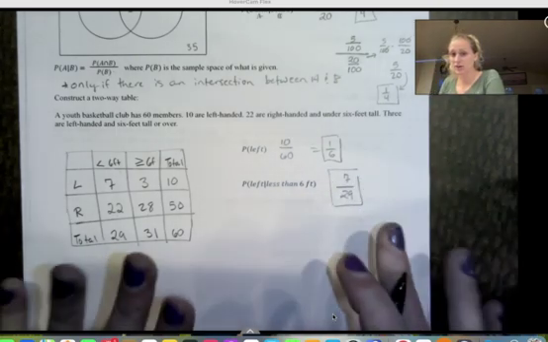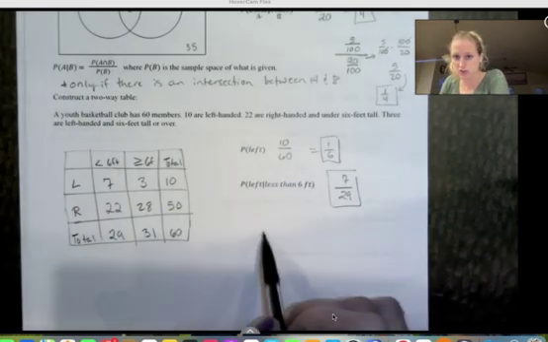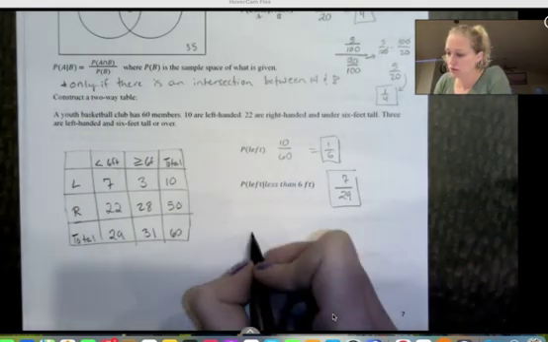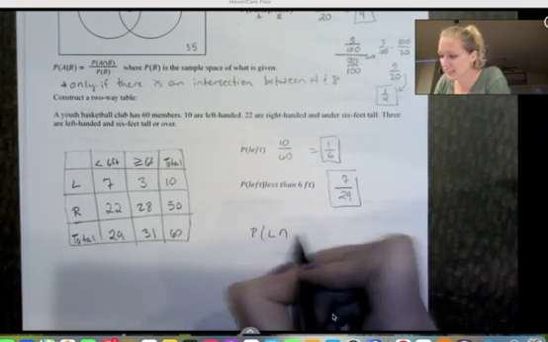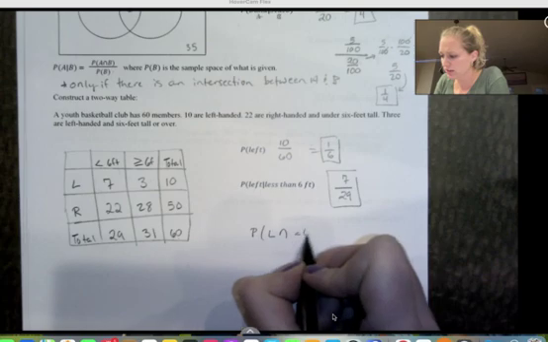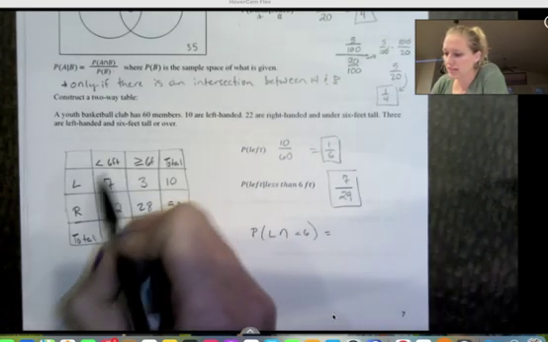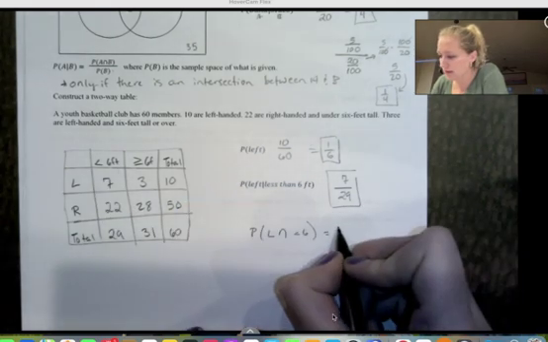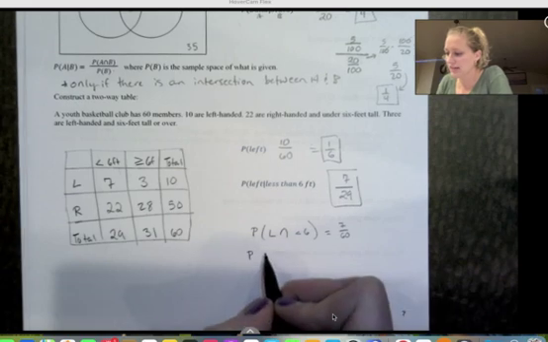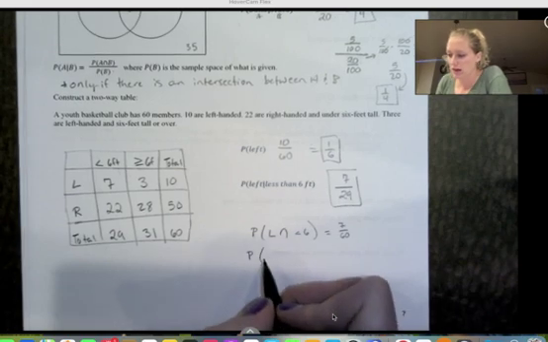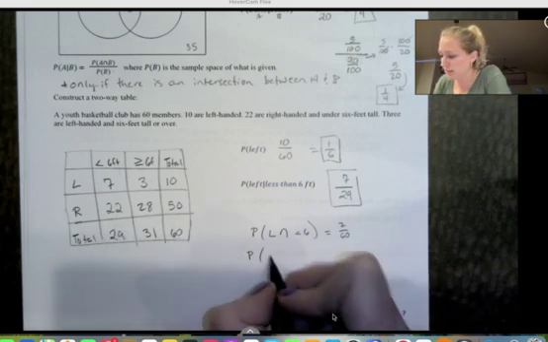Again, I could have done this formula. I'm just going to show you that again so you can see we'll get the same thing. The probability of left and under 6 feet, now this is a little funky notation, that intersection, left and under 6 feet, is 7 out of the 60. The probability that they are less than 6 feet is 29 out of the 60.